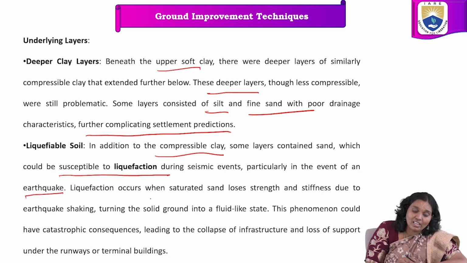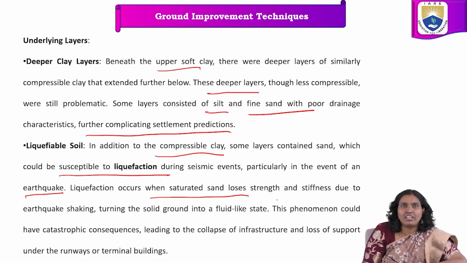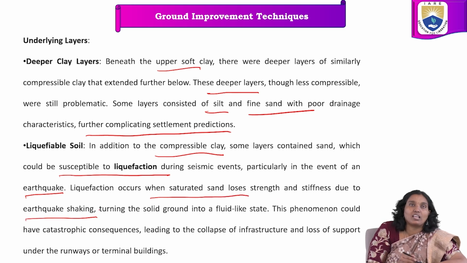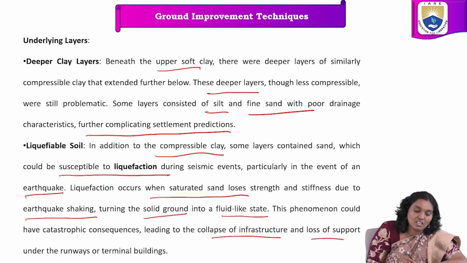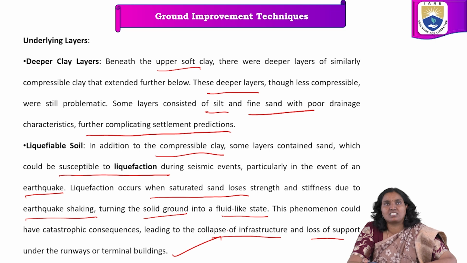Liquefaction occurs when saturated sand loses strength and stiffness due to the earthquake shaking, turning the solid ground into a fluid-like state. This phenomenon could have catastrophic consequences, leading to the collapse of infrastructure and loss of support under the runways or terminal buildings.